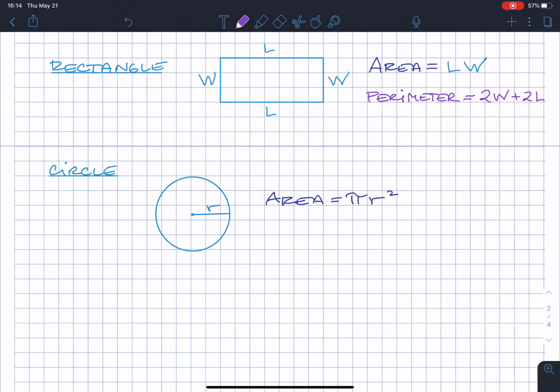The perimeter, which we call the circumference, so this is actually the perimeter for a circle. And that's going to be 2 pi times the radius.